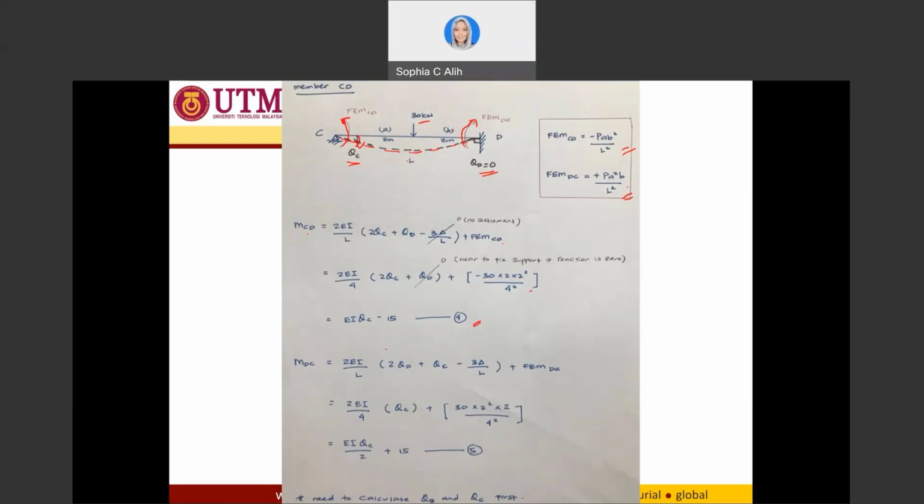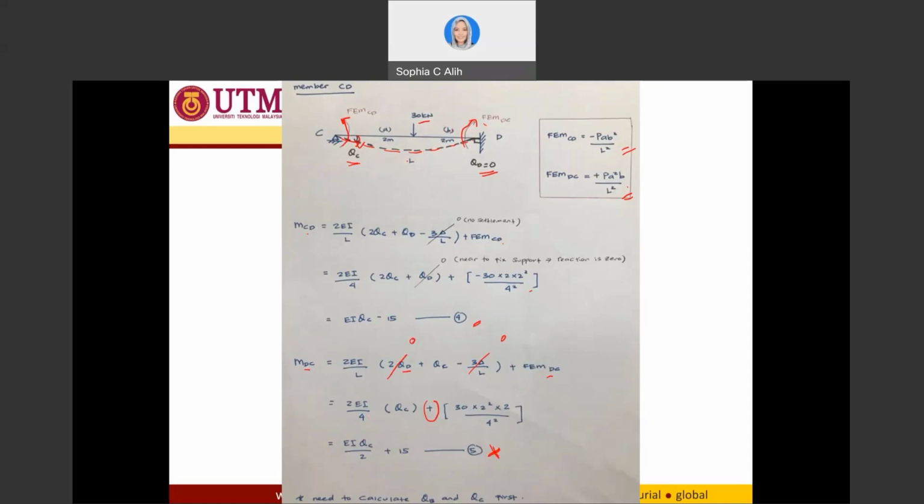I put it as equation 4, and similarly I solve it for the end moment of DC, 2EI over L times 2 theta D, because this is D, plus theta C minus 3 delta over L plus FEM DC. FEM DC is clockwise direction, so I have it positive over here, and there is no settlement, so this is 0, and there is no angle of rotation due to this fixed support, so this is 0. And if I solve this equation, I can simplify it as equation number 5.